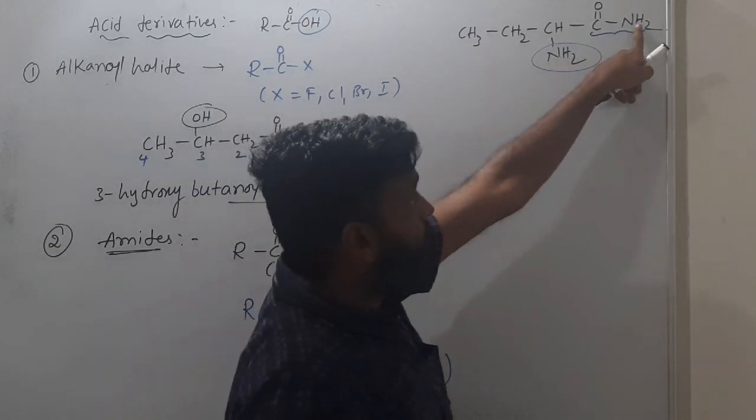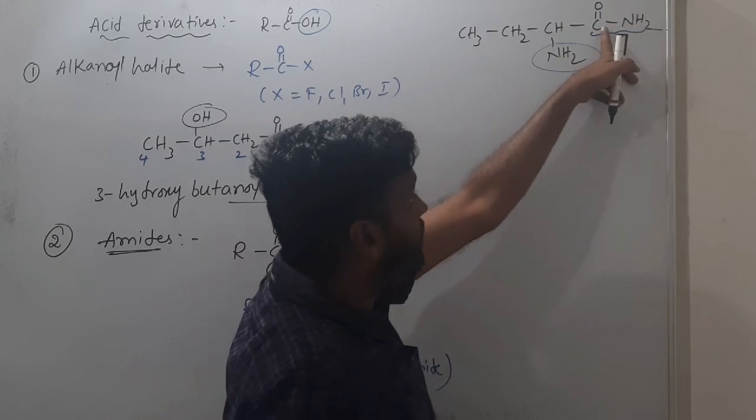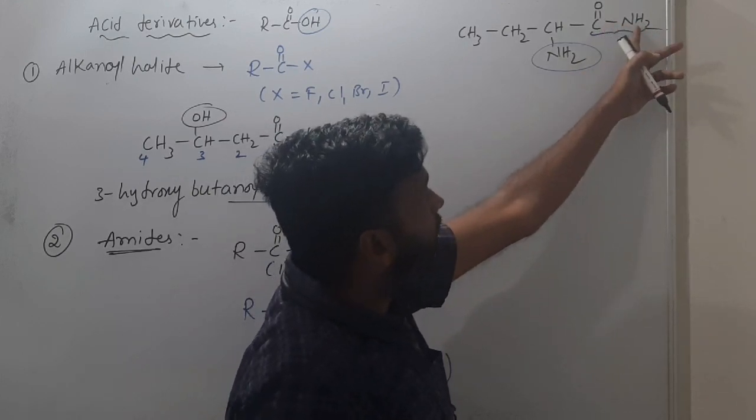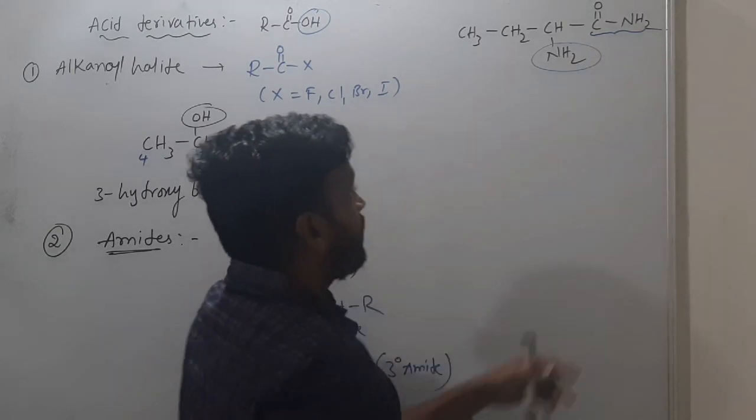And the NH2 group will be a substituent. Why is this NH2 not a substituent as well? Because this NH2 is attached to C double bond O, so C double bond O–NH2 together is called amide, CONH2. Got it?